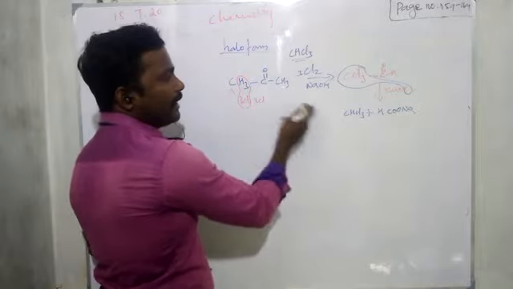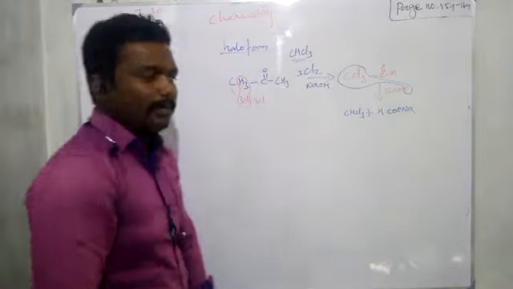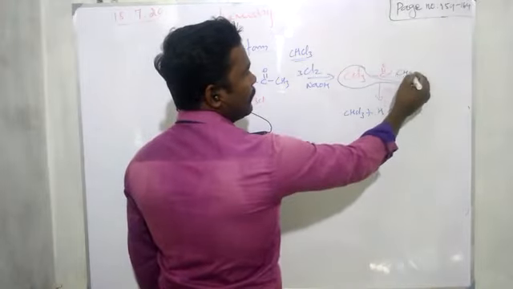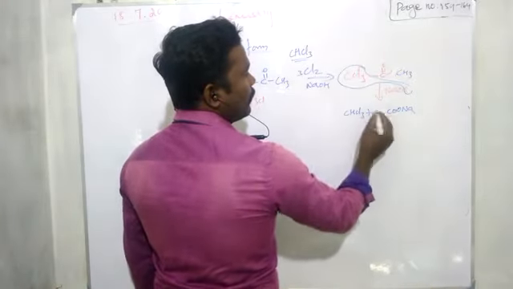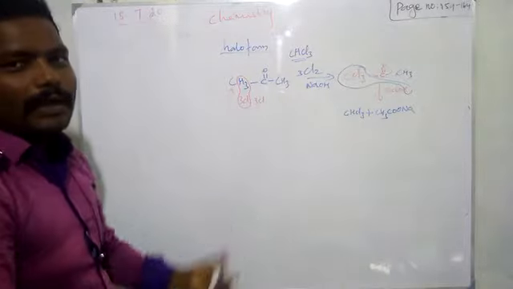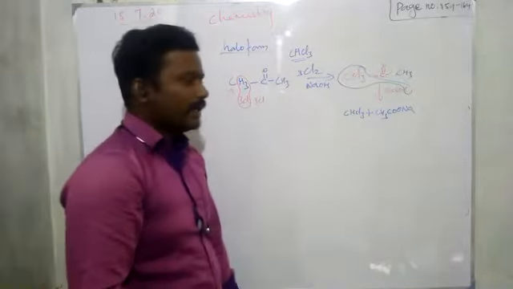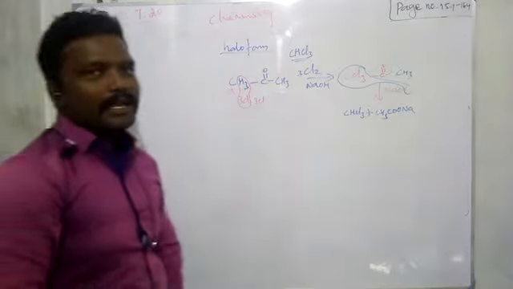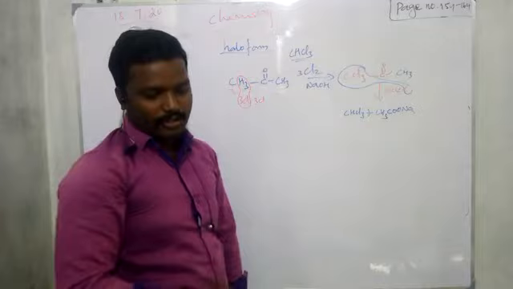If you take aldehyde, you will get sodium formate. If you take acetone, here you will get sodium acetate. That's all. You will get a sodium salt of a carboxylic acid, but here you will get chloroform. That's why we can say this is a haloform reaction.